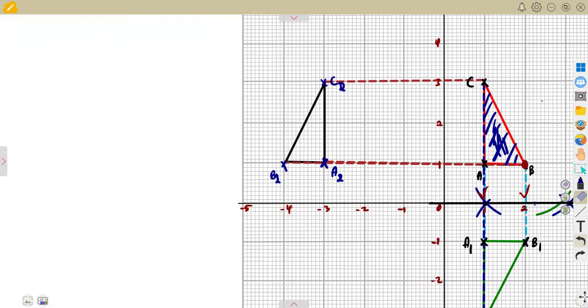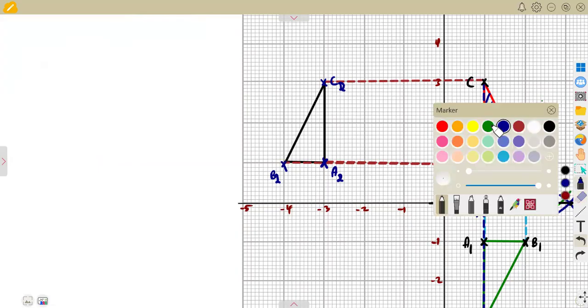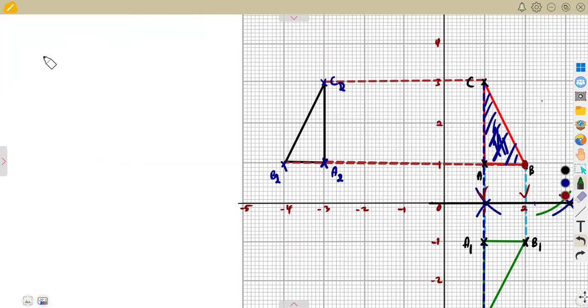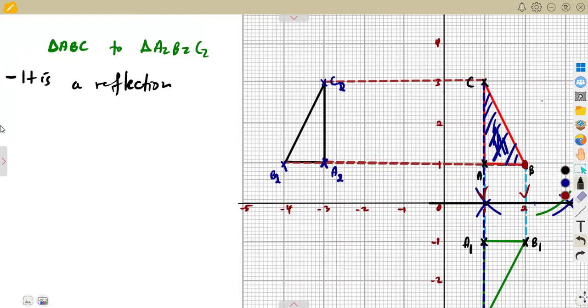Once we see that the lines we have on our diagram are parallel but of unequal length, therefore you describe. So this one we are describing triangle ABC to triangle A2, B2, C2. As we can see, it is a reflection. So that's the transformation. It is a reflection.